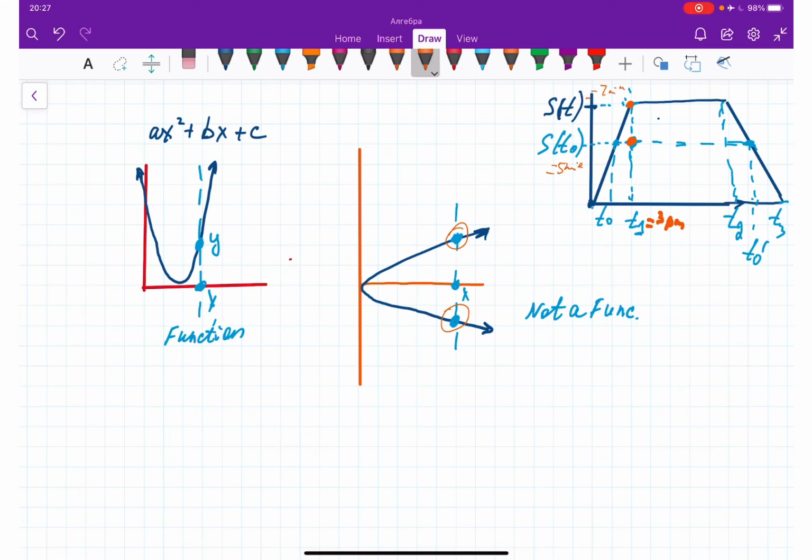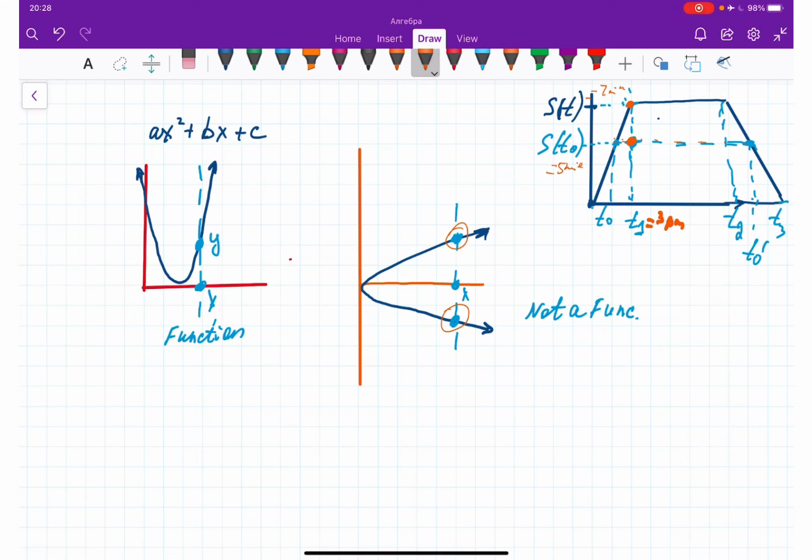So at 3 p.m., the student cannot be 5 miles away from home and at the same time 7 miles away also. But the student can be twice on the same distance at different times. Okay? This is why a function is a graph that crosses a vertical line in one spot only.